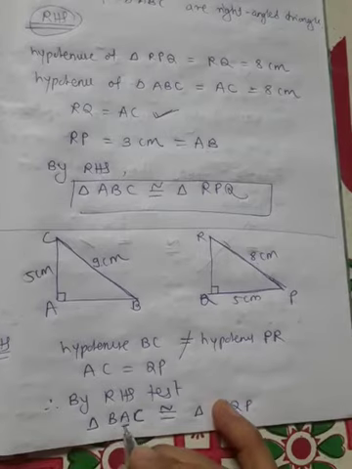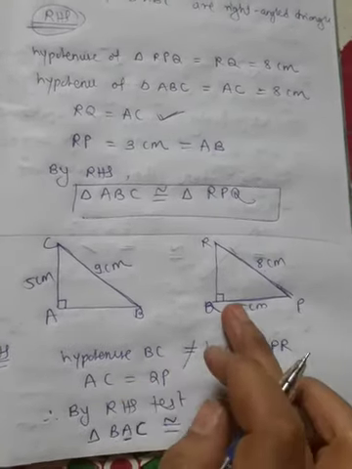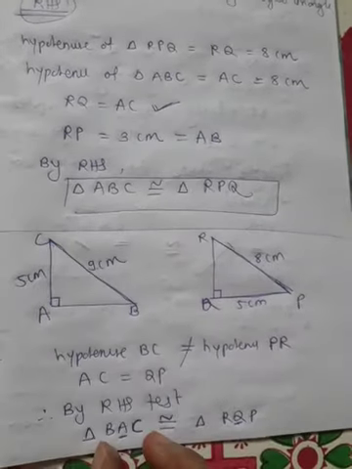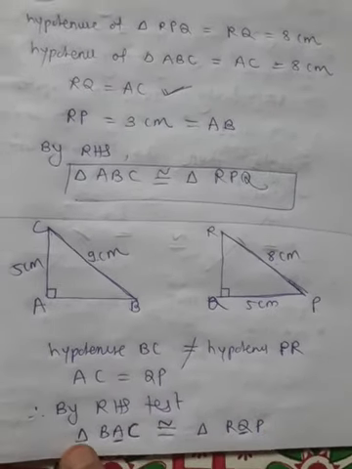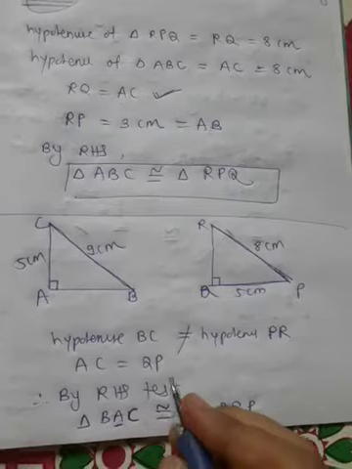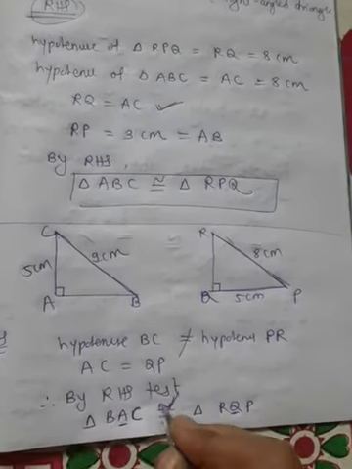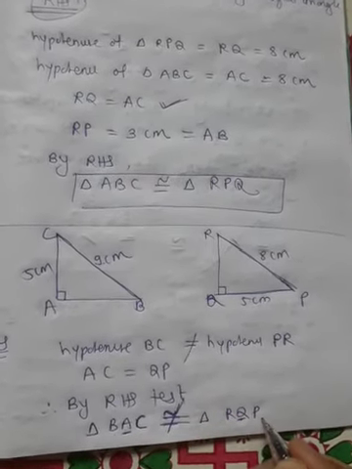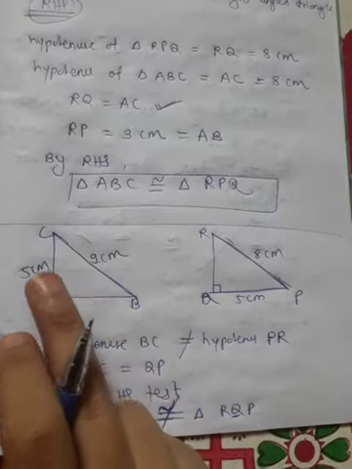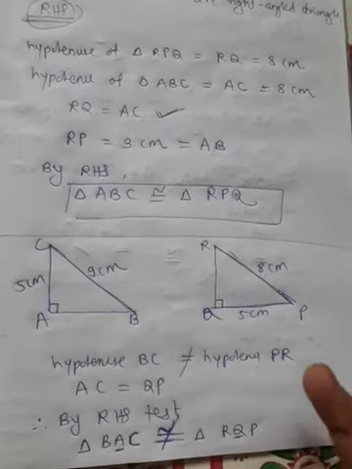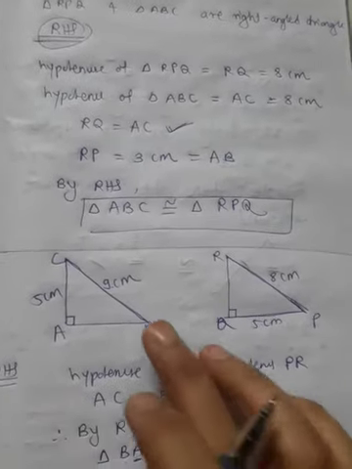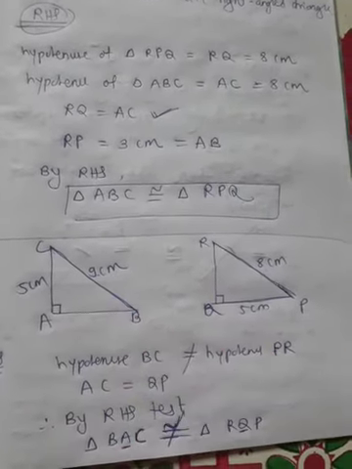Okay, here A and Q 90, AC and QP. So here right angle triangle BAC is not congruent to right angle triangle RQP because they have one side equal but hypotenuse are not equal.